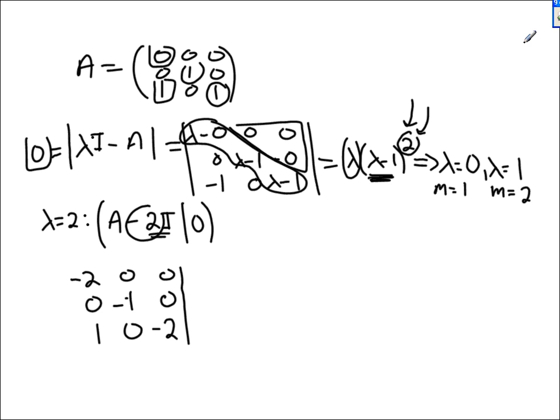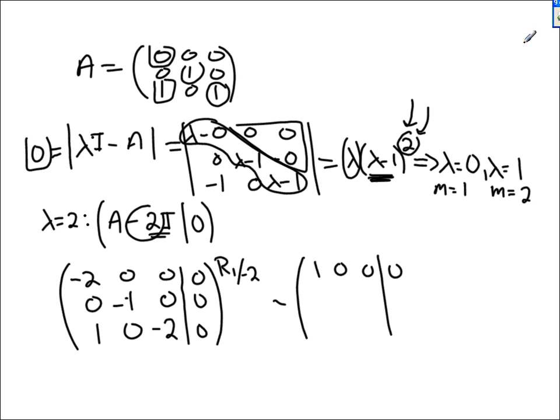Okay. So we have this matrix, and it's augmented with 0, and we want to solve this. I'll divide row 1 by negative 2. That will give me this. I'll divide row 2 by negative 1, or I'll multiply it by negative 1. It will give me this one.